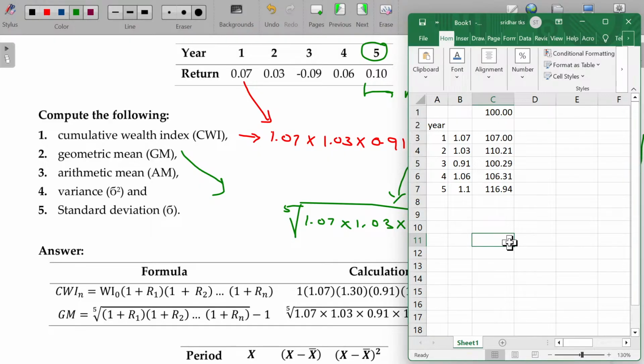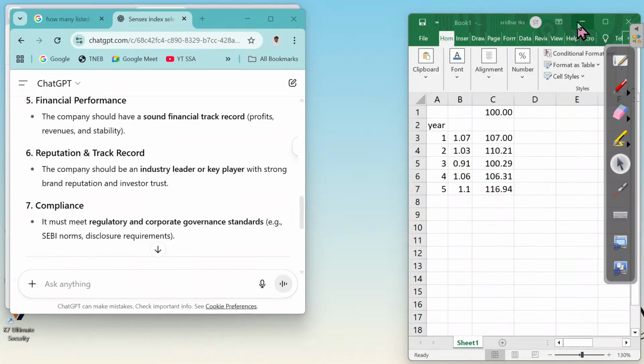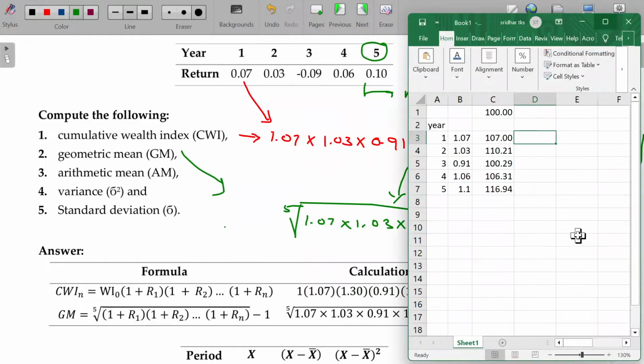But as per geometric mean, your answer is only 3.2. Am I right? Only 3.2. So 3.2 means every year you are getting 1.032. Every year you are getting only 1.032. If I invest 100 rupees here, how much will this be by the end of first year?